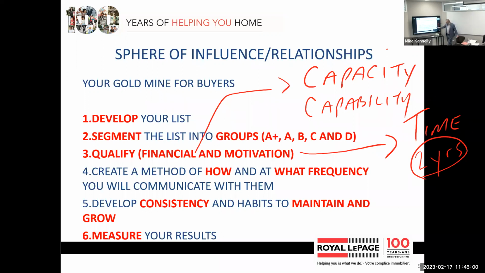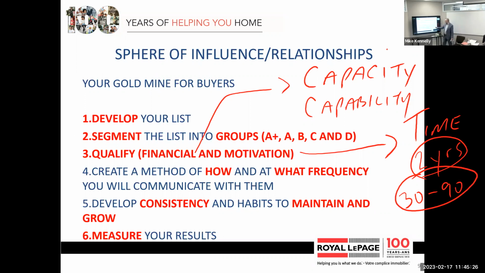If their motivation to buy is in 30 to 90 days, I'm all over them. All over them. I'm wrapping my arms around them like there's no tomorrow, because I don't want them to see something on realtor.ca or see something wherever and they go and buy it without me being a part of the mix. Again, to follow up the staying in touch with people.